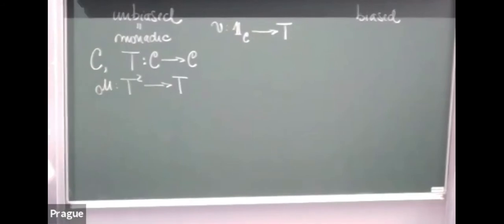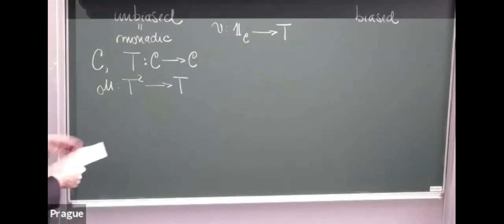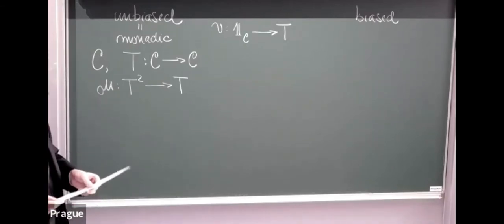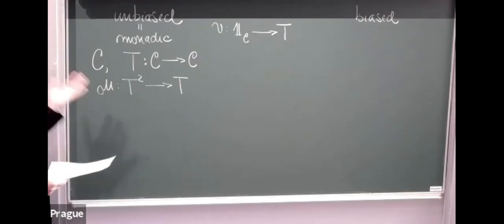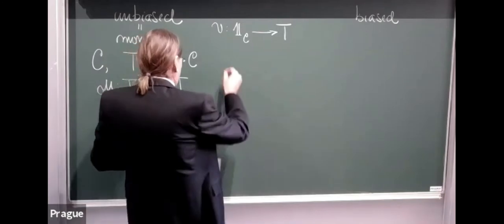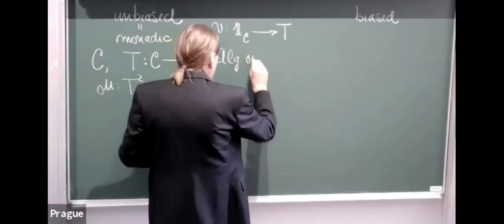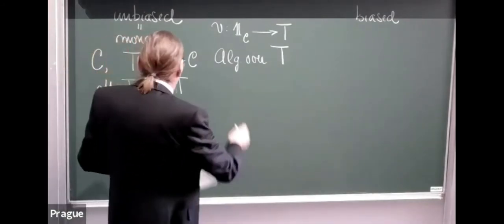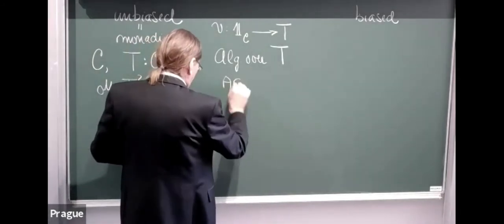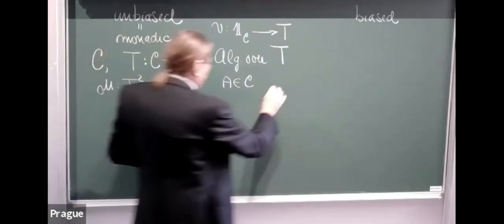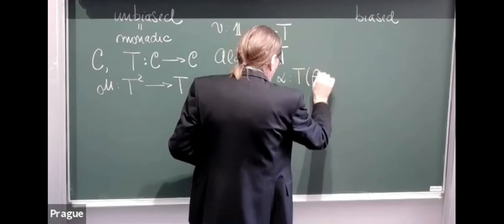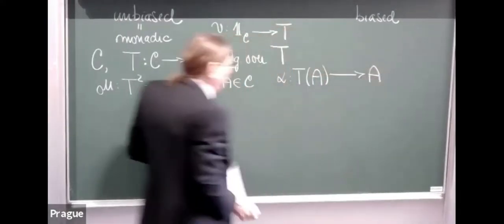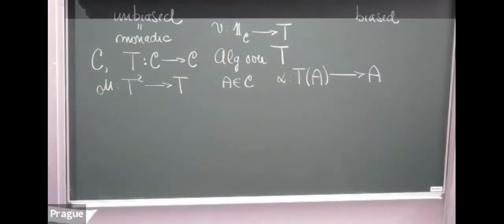These operations should have the property that, together with them, the functor is a unital associative monoid in endofunctors of C. Having a monad, I may speak about algebras. An algebra over T is an object A of C, equipped with a morphism alpha from TA into A that satisfies some associativity and unitality properties, which I'm not going to mention because it would take me far away from the purpose of my talk.